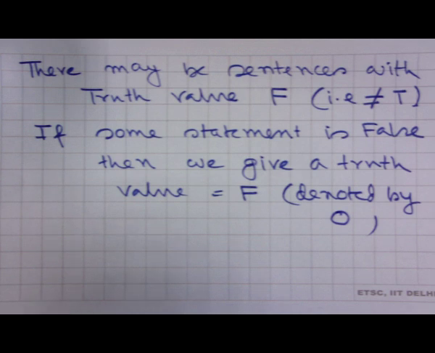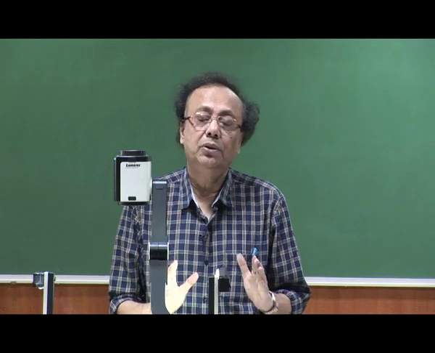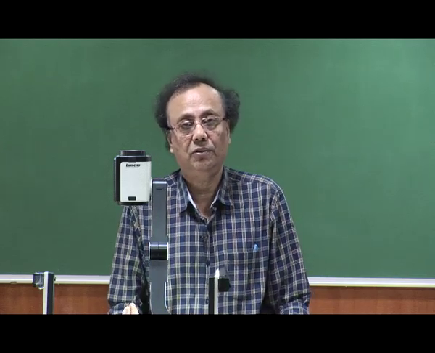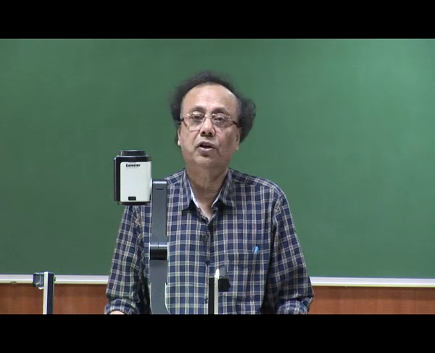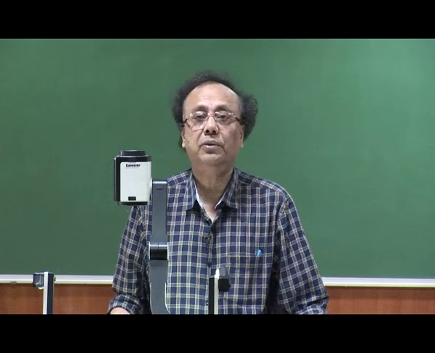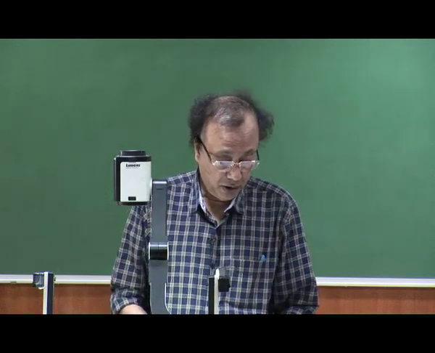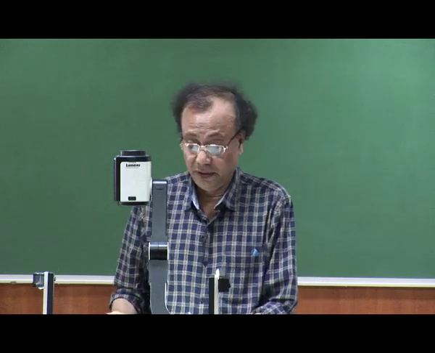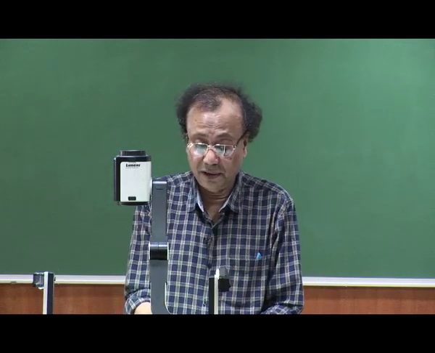Or in other words, if something is true, we give it a truth value equal to 1. If something is not true or false, then we do not assign a truth value. All right. So, let me give you some examples.